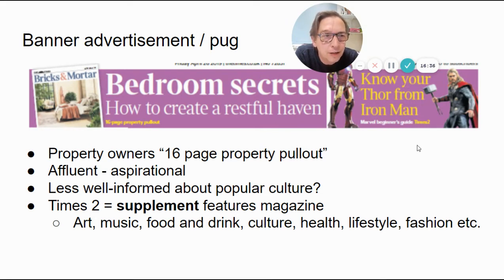The Marvel studios have been absolutely huge, and they're basically informing the Times reader here about what's going on in that world.